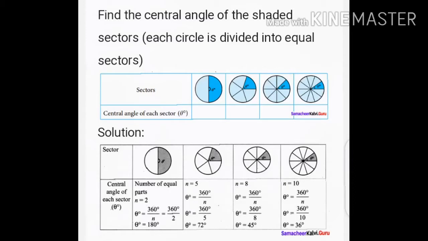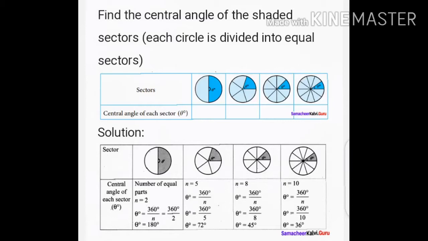Therefore, I'm going to use only one formula, that is theta equal to 360 degree divided by n. What is the number of equal parts in the first diagram? That is n equal to 2. In the solution, theta equal to 360 degree divided by n. In place of n, I write the value 2. So the answer for the first one is theta equal to 180 degree.